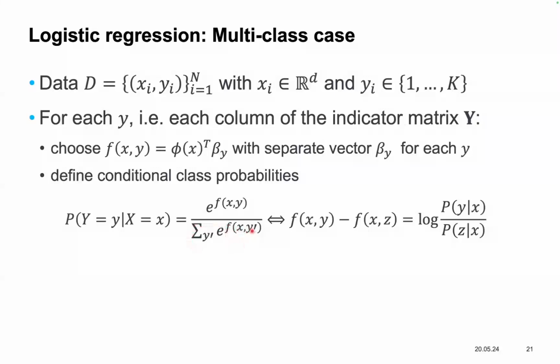Of course, this also means that if we look at the odds of x belonging to one class y or x belonging to another class z, and we then take the logarithm of that, again, the denominators will cancel out because they are exactly the same, and the log odds are described exactly by the difference between f of x,y and f of x,z. So one's the class y and one's the class z.